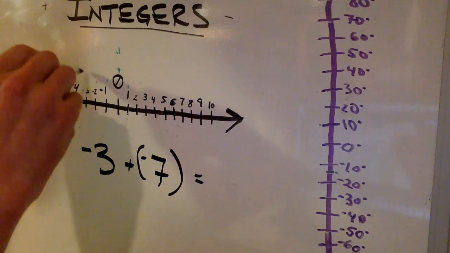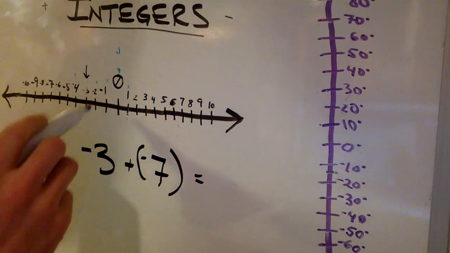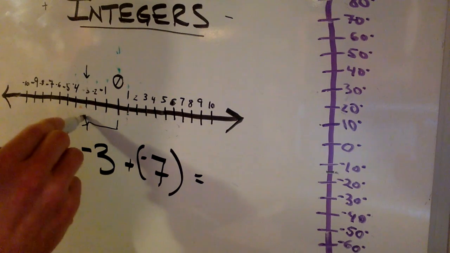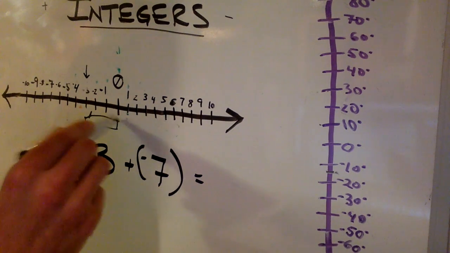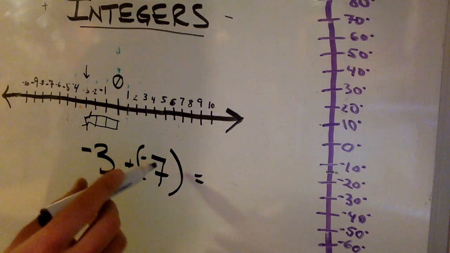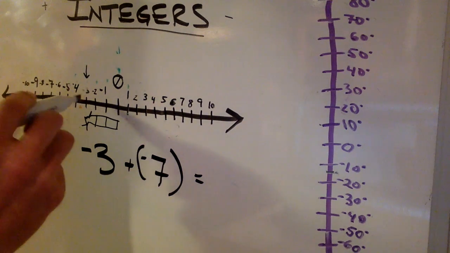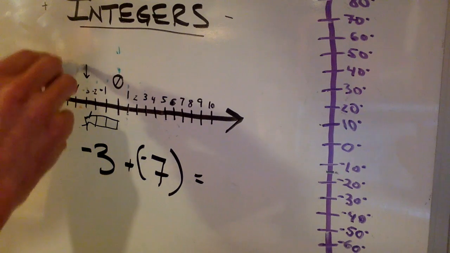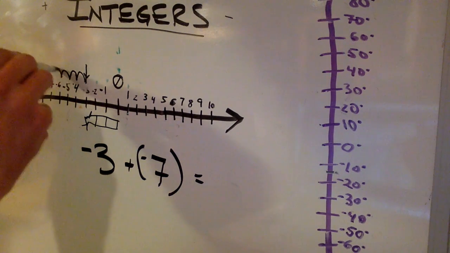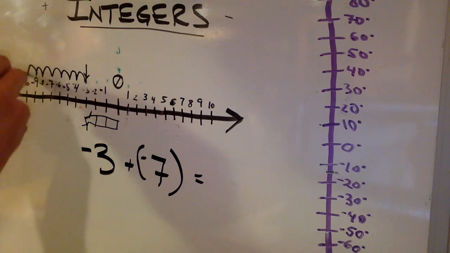Well, that means we're starting here with a 3, but in this direction. And we're adding 7 more in that same direction. So starting here, we're going to add 7 more. 1, 2, 3, 4, 5, 6, 7.